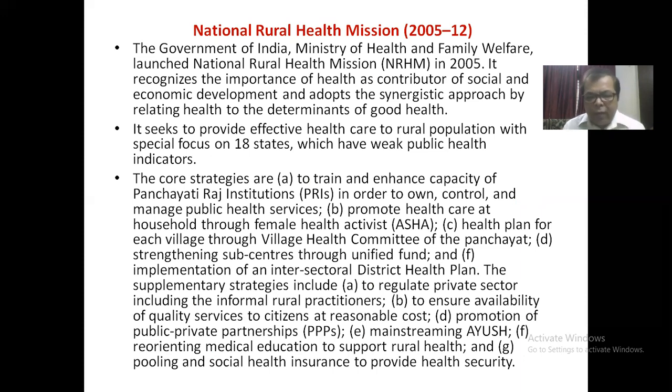Well, some of you are familiar with all these things. One very important thing, or rather two important things that I need to talk about here, is that this program made a specific provision for integration of the health structure with the panchayat structures.